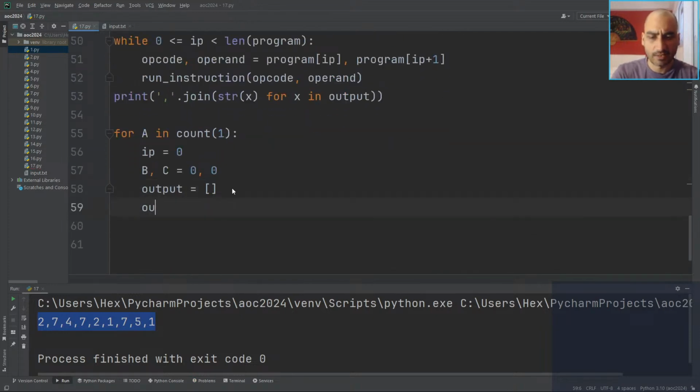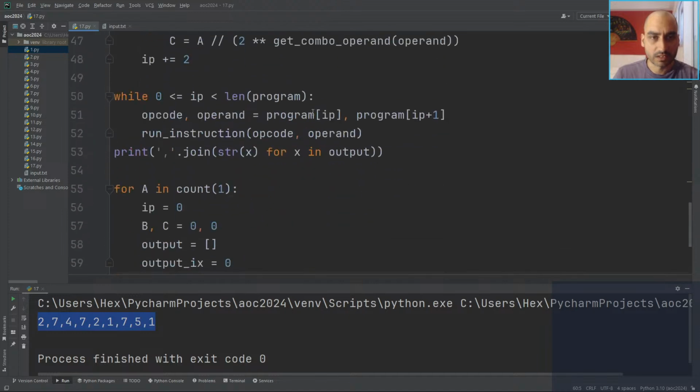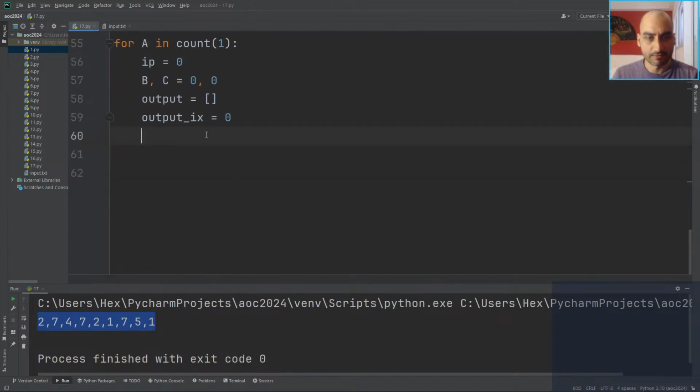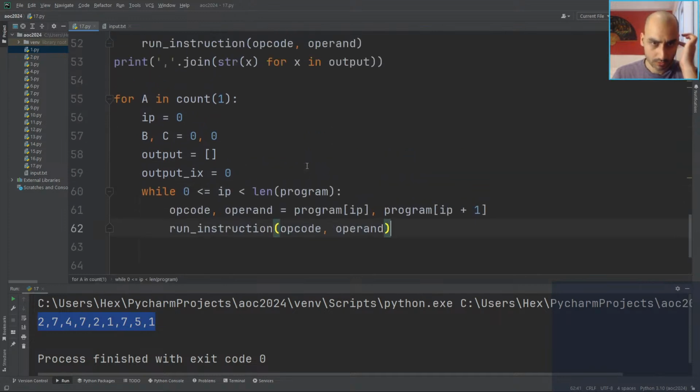Let's just say outputs index equals 0, because I want to be comparing with the program. All right, so we're just going to run this as we did before.